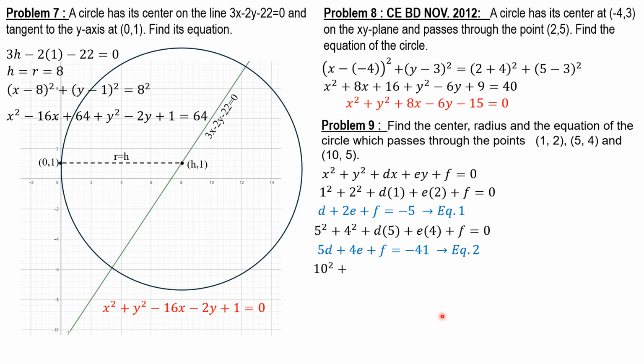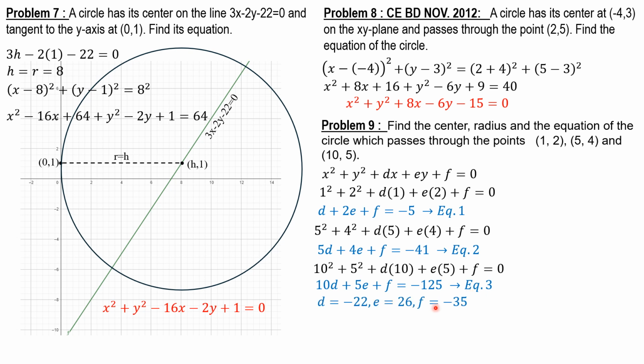So 10 squared plus 5 squared plus d times 10 plus e times 5 plus f equals 0. So 10d plus 5e plus f equals negative 125. We then solve equations 1, 2, and 3 simultaneously. We obtain d equals negative 22, e is 26, and f is negative 35.